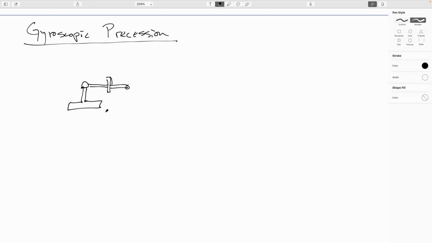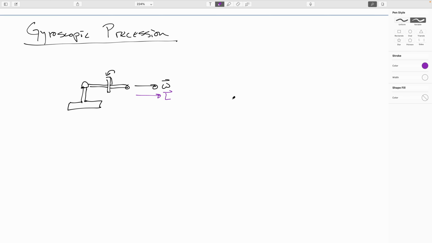So the way I had it spinning in the video, really hard to tell because I had it spinning pretty fast. I had it spinning like that. So that means the angular velocity and thus the angular momentum will be pointed along the axis like that.